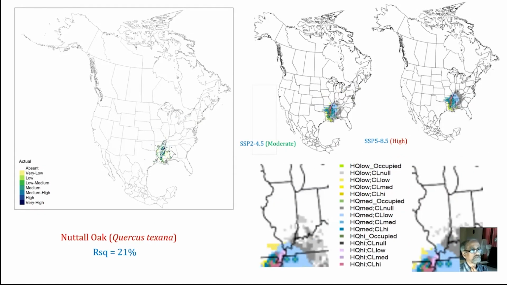And Nuttall oak, excuse me. Currently, according to the Little's range and also FIA, it's not present in Illinois, but I've heard some reports that it is present. But under future scenarios, you may just get a few in the south, at least from a climate point of view.